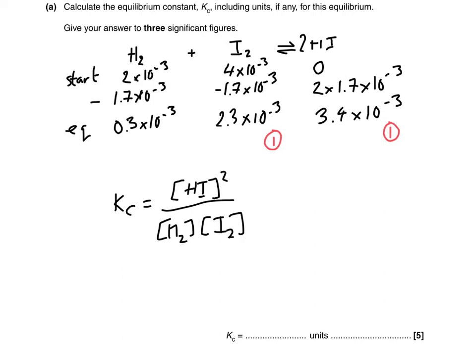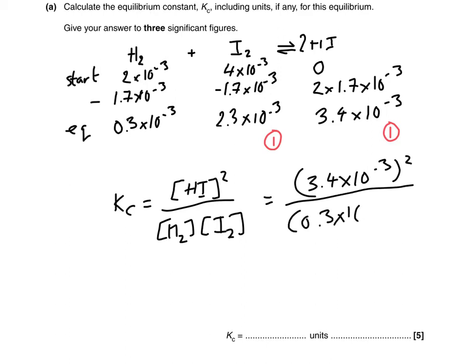Make sure it's all times, so you don't have any pluses in there. And then we just put in the numbers. Which should give you overall 16.8.